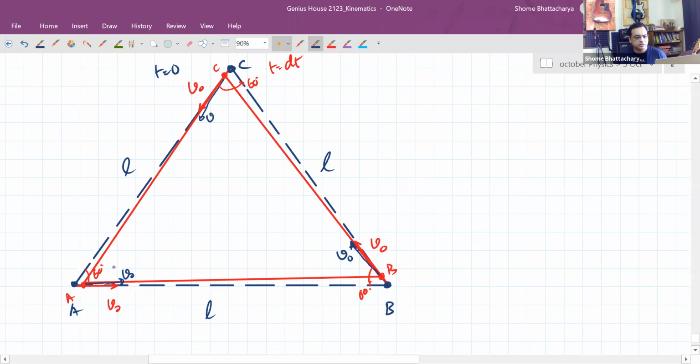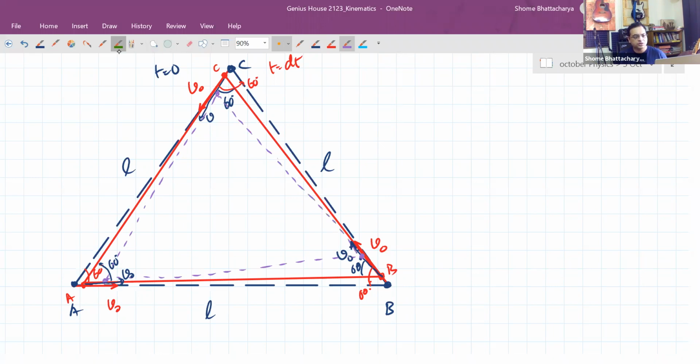Now at the new instant, the triangle has changed, but the angle has remained 60 degrees. So a little while later, let's say they've reached here, here, and here. Now they're forming a new triangle like this. But still the mutual relationship between the velocity vectors is the same.